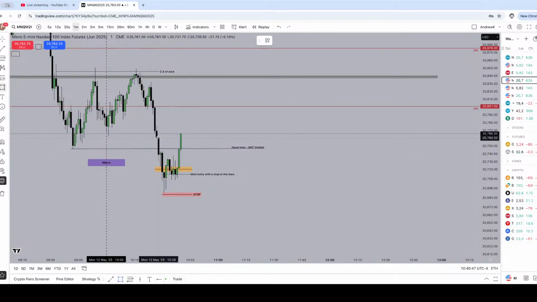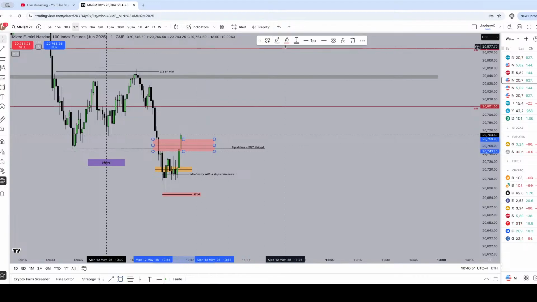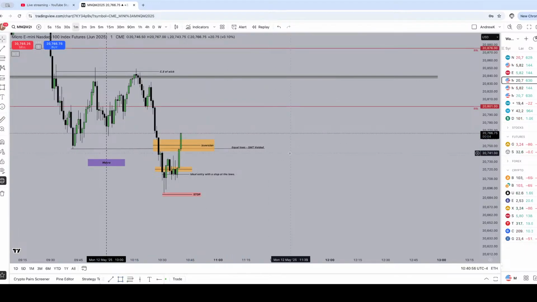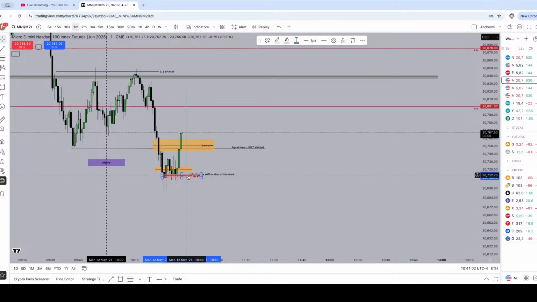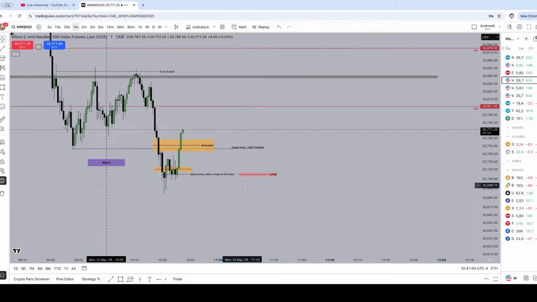So you can view this one now, as you see here. My stop would probably move up to here now. Stop is moved to break even. Yay. Study that.